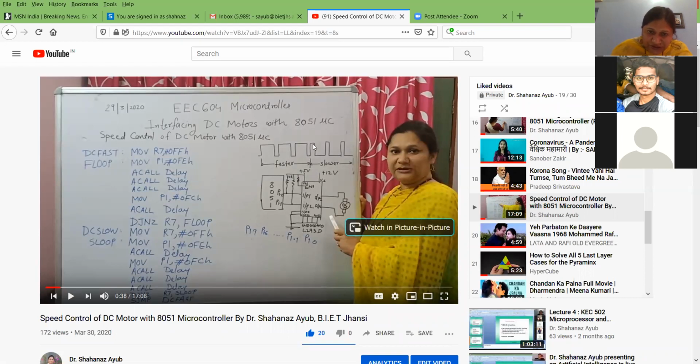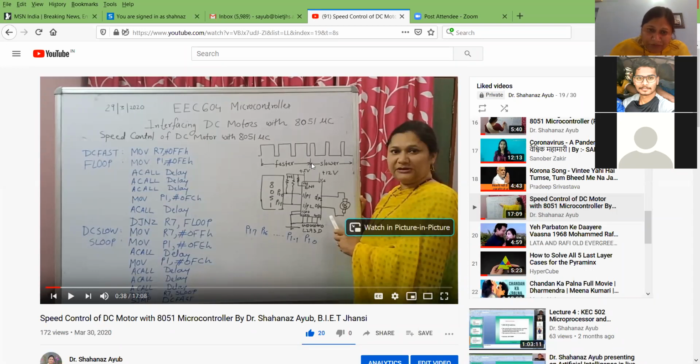Let's say for this duration I am giving positive supply, and for this much duration the motor is off. Then again positive supply for this much duration, motor is off. Then again positive supply, motor is off. So for this particular duration the motor will move slower.